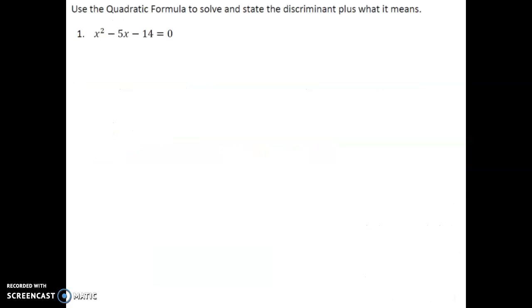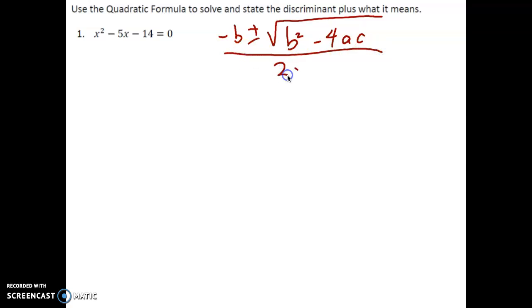Okay, so let's try this one. We're going to use the quadratic formula and the discriminant so that we can figure out not only the type of roots, but then we're going to go back and show that those actually are the roots that we get. Okay, so the quadratic formula. Let's practice that. Negative b plus or minus the square root of b squared minus 4ac, all divided by 2a.